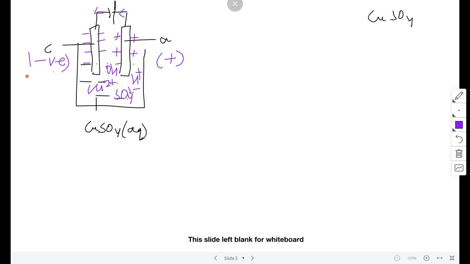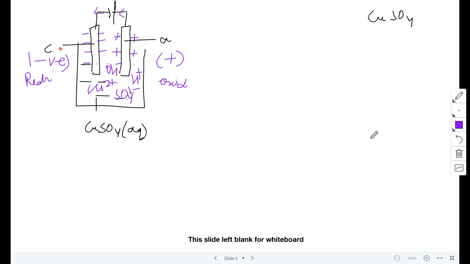And at cathode, reduction takes place. That also I'll write it for you. Reduction takes place here and oxidation takes place here. What is reduction? That is gain of electrons, right? Here the electrons are being gained. Is it clear to you? Yes. Don't get confused.